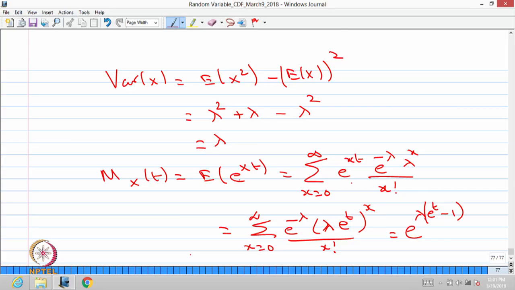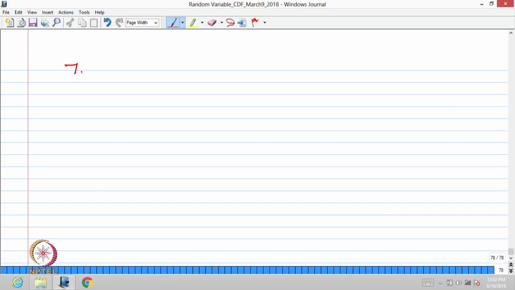Even though I have not explained how to find out the probability generating function for all the distributions, starting from the Bernoulli, binomial, geometric, Poisson and negative binomial, all these distributions, because it is a discrete type and it takes positive integer values, therefore, one can go for finding the probability generating function of these common standard discrete type distributions.